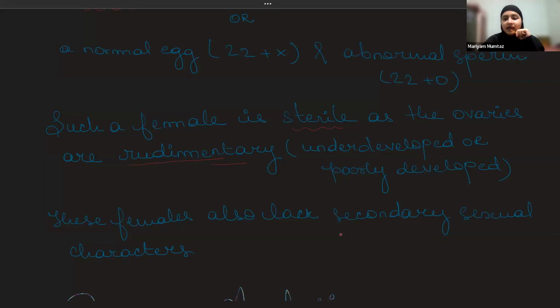The main reason why it is known as the primary sex organ is because ovaries make the ovum. If ovaries are not there, there will be no ovum. And the second reason why they are known as the primary sex organ is because they secrete the hormones, which are the estrogen in case of females, right?